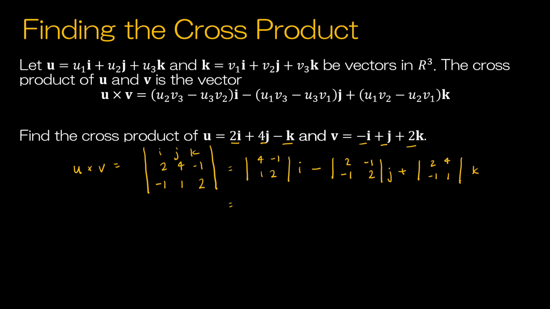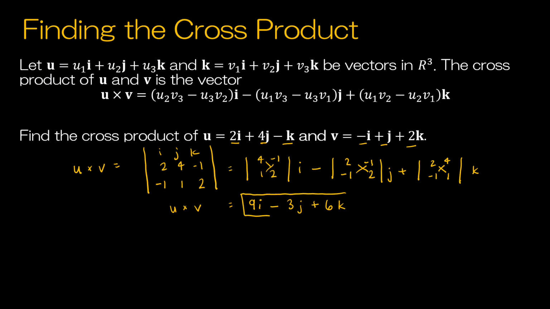So that gives me 4 times 2, which is 8, minus negative 1, so that's 9i, and then minus 4 minus 1, so 3j, and then plus 2 minus negative 4, so that's 2 plus 4, or 6k. So this is u cross v.